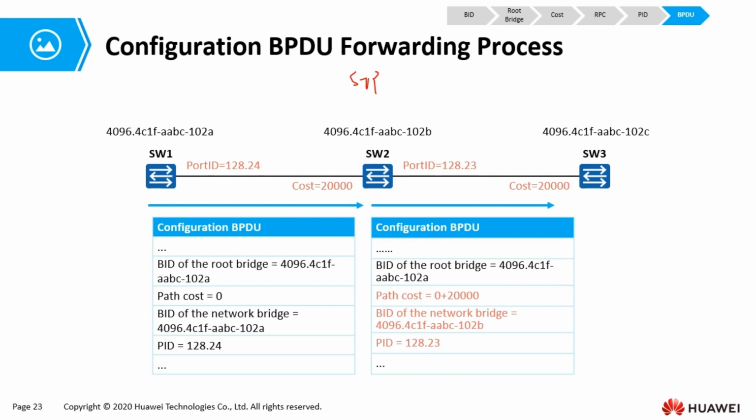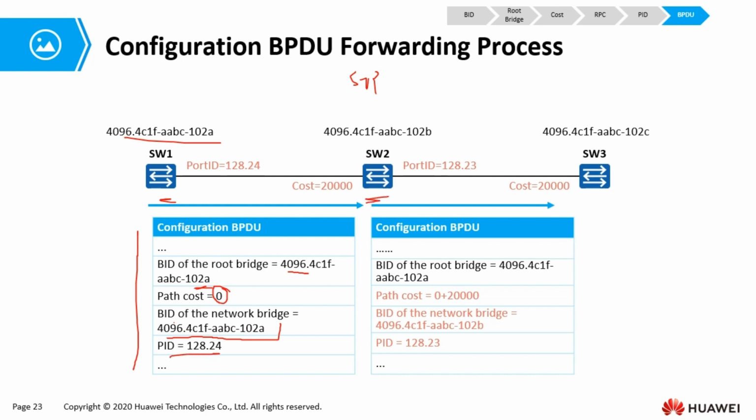For example, switch 1 considers itself the root bridge, so it sends the configuration BPDU with its bridge ID. The root path cost is 0, and the bridge ID is its own because it assumes it is the root bridge. Then it forwards the BPDU.